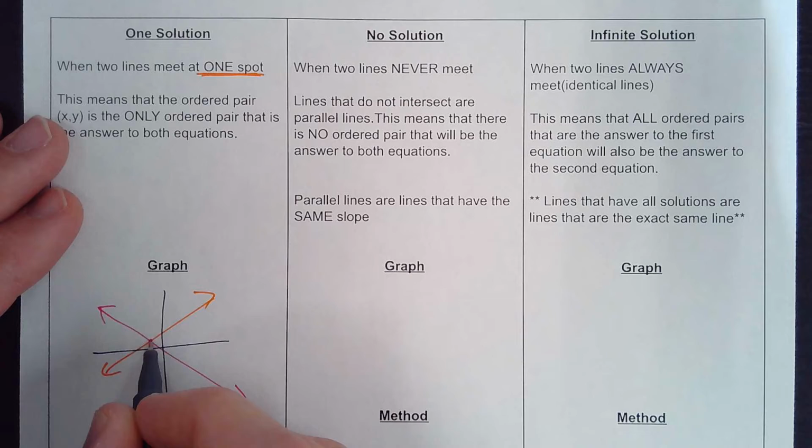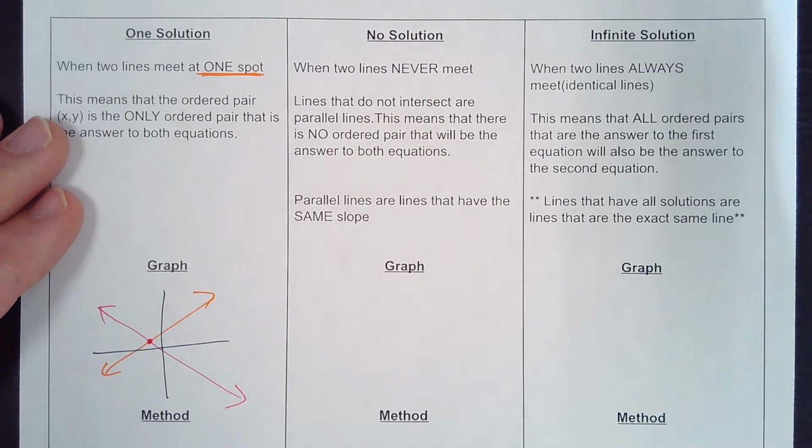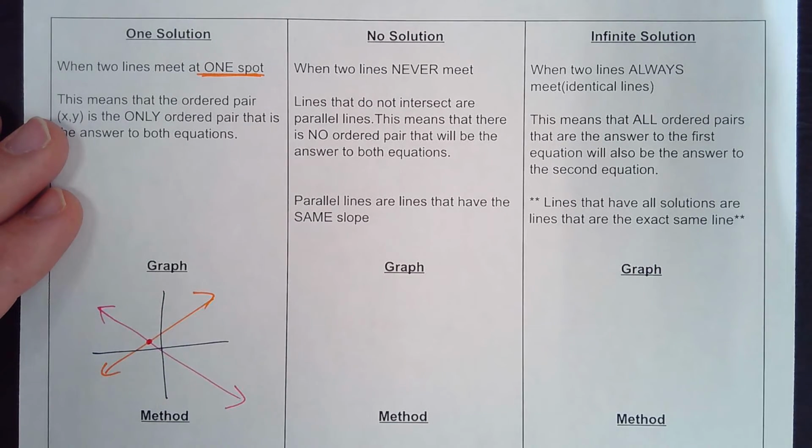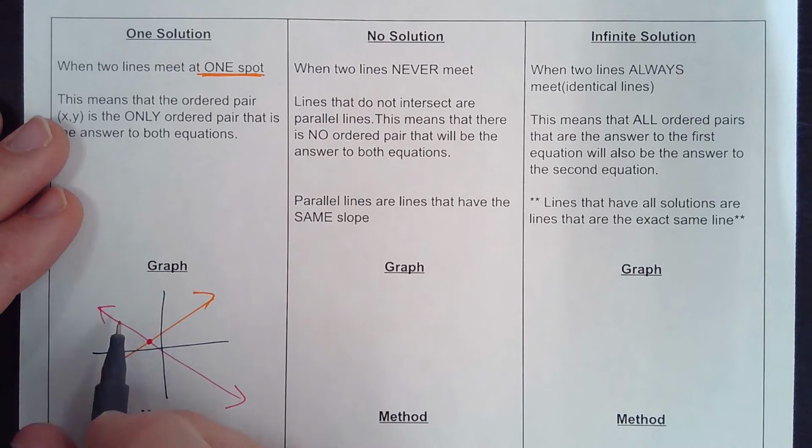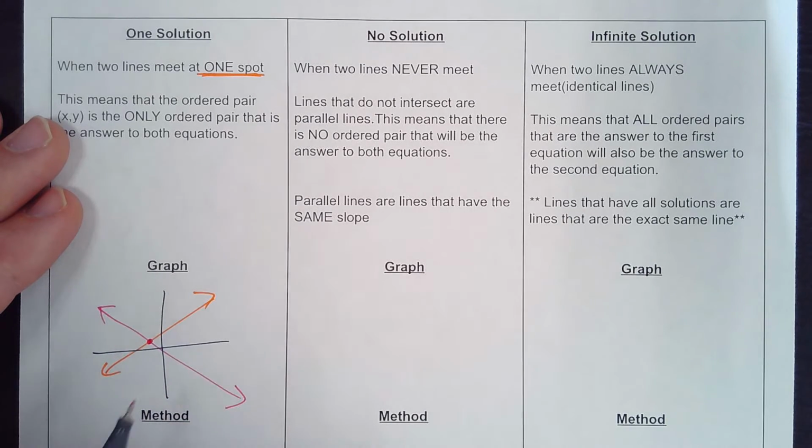This point right here would be our one solution. That's the one spot on the graph where this point is a solution to both of these lines, or it falls on both of these lines. So on a graph, this is what a one solution system of equations would look like.